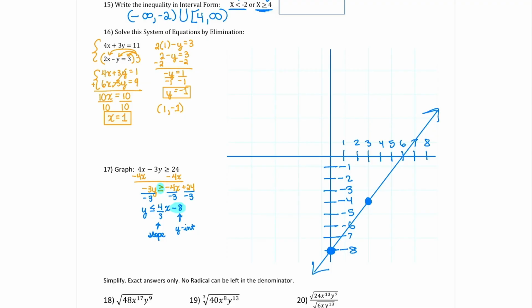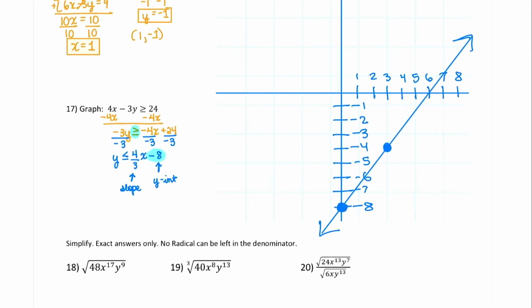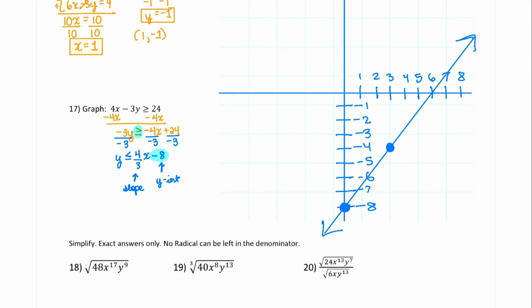Now, this is where a lot of students get confused. How do I shade this? I'm going to show you a game-changing way that you'll never get this wrong again. Since y is less than or equal to, we're going to ignore this part completely for just a minute. And we are going to be looking at where is y less than -8?